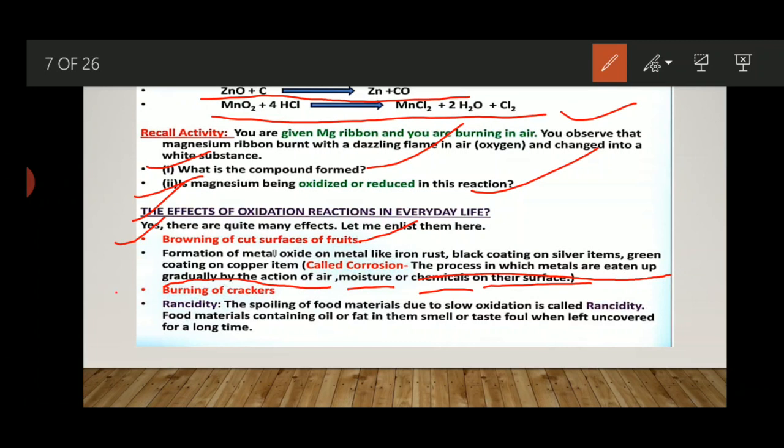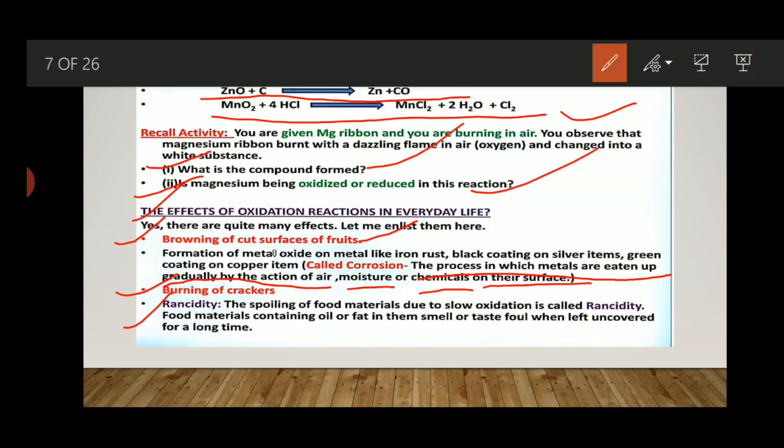Now the next effect is burning of crackers. Whenever we burn crackers, that is also an effect of oxidation only. Now the next effect of oxidation is rancidity. The spoiling of food material due to slow oxidation is called rancidity. See, summer days are here now.